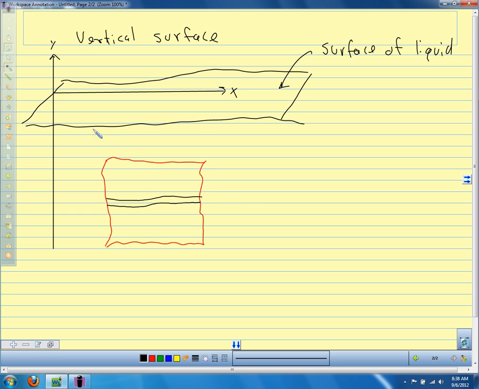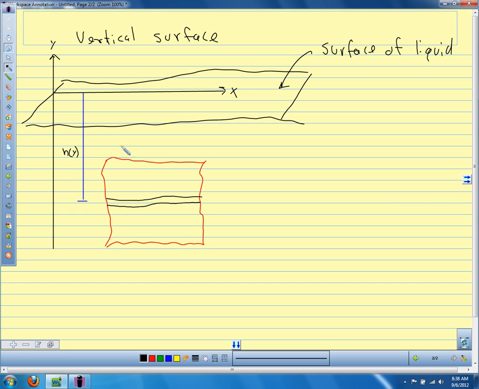So our distance below the surface of this little thin strip is, I'll put this in blue, this distance is, we'll call it h of y.